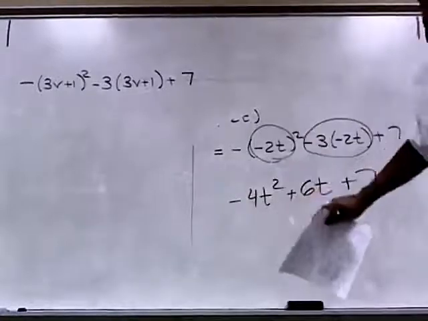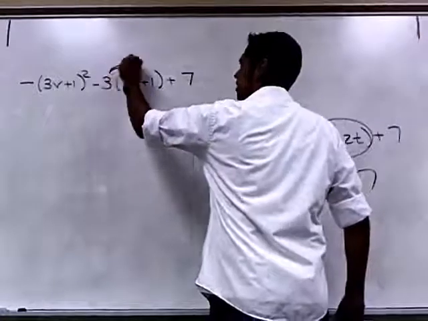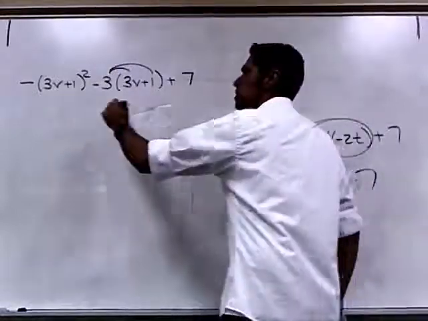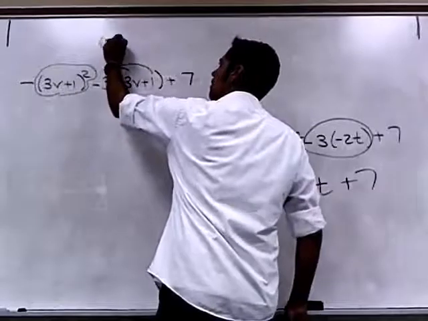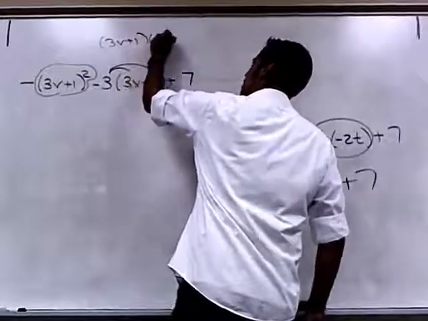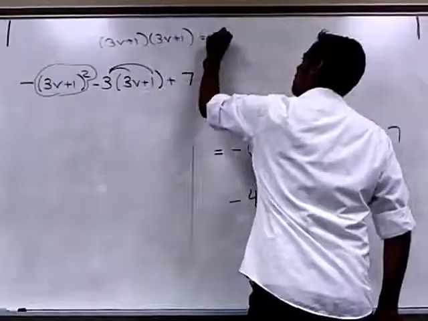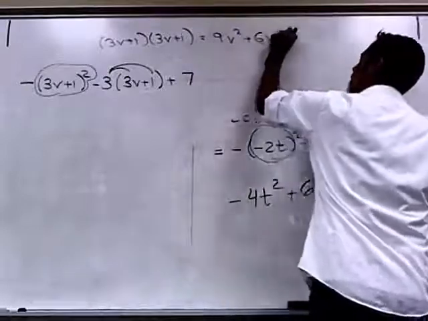Make sure the 3v plus 1 is in parentheses. You'll distribute that, right? What do you have to do with this? FOIL it. 3v plus 1 times 3v plus 1. When you do that, you get 9v squared plus 6v plus 1.